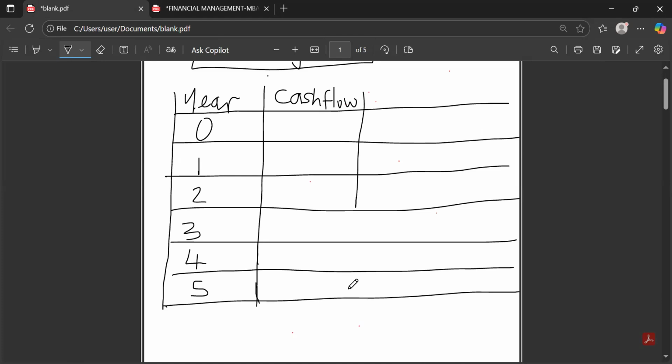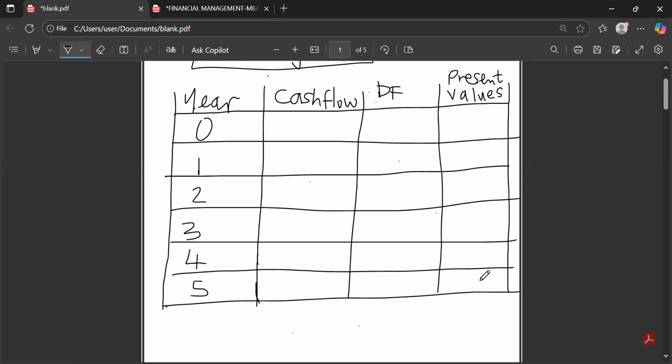Draw the cash flow. Then the discount factor. And then here we have the present values. So the first one was 560,000.